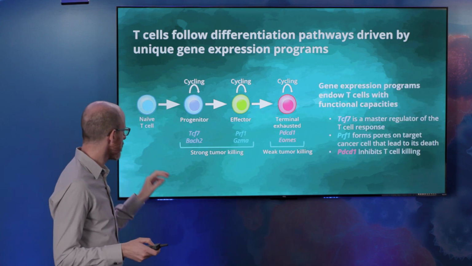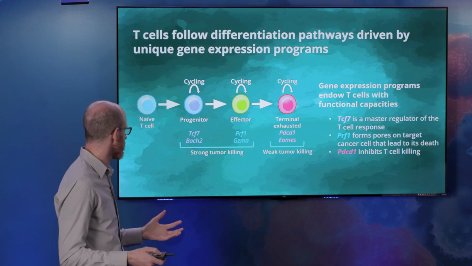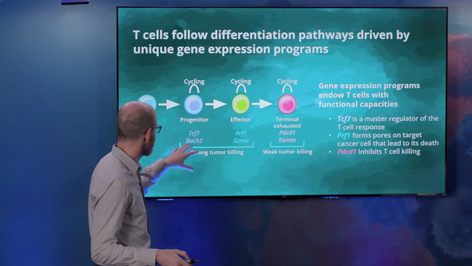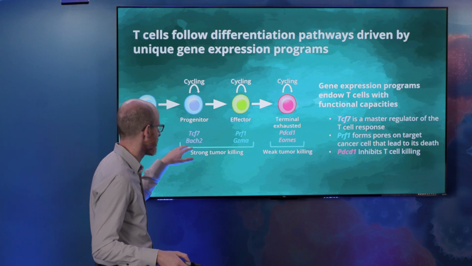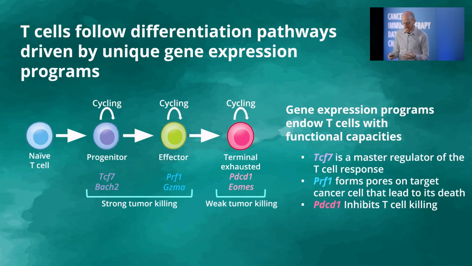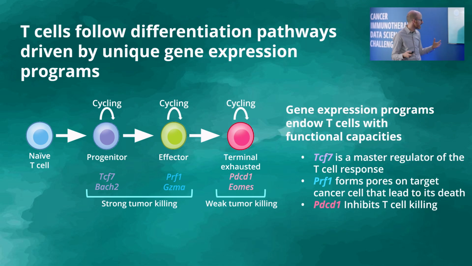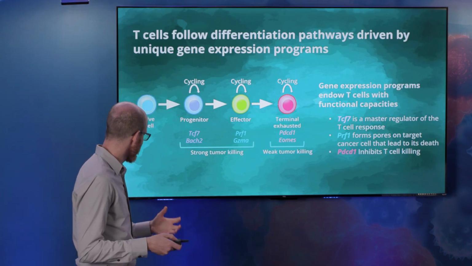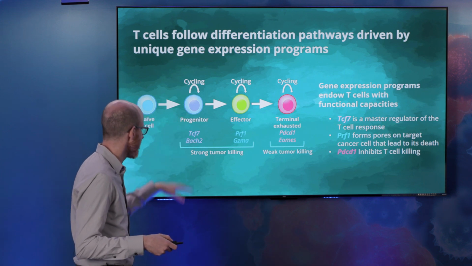And now let's just look at a few of the genes that define those gene expression programs for each T cell state. For instance, in the progenitor T cells, we see very high expression of this gene TCF7. And we know that TCF7 is important for maintaining the progenitor T cell state. So when we see high expression of TCF7 in a cell, we know that that gene expression program is really indicating to us that this is a progenitor T cell.